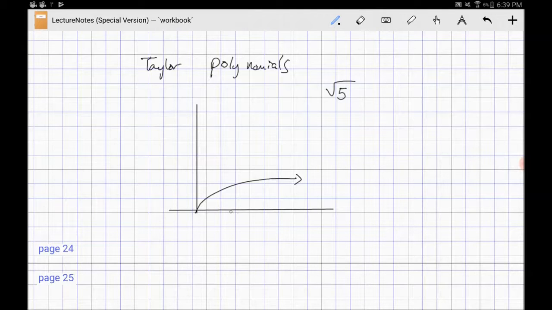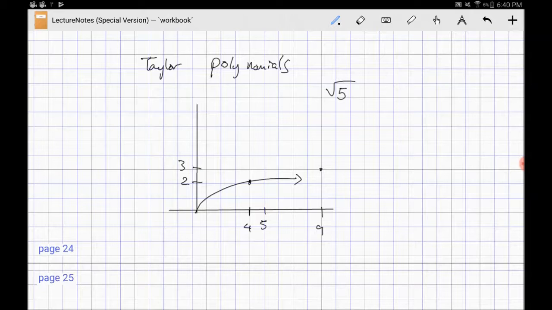And say, well, this is 1, 2, 3, 4, 5. I know exactly that the square root of 4 is 2. I know that the square root of 9, I hope this is 9 here, is 3. So the square root of 5 lies somewhere between 2 and 3.